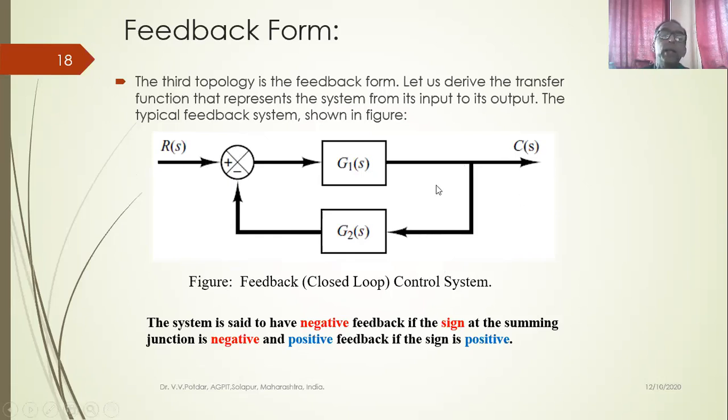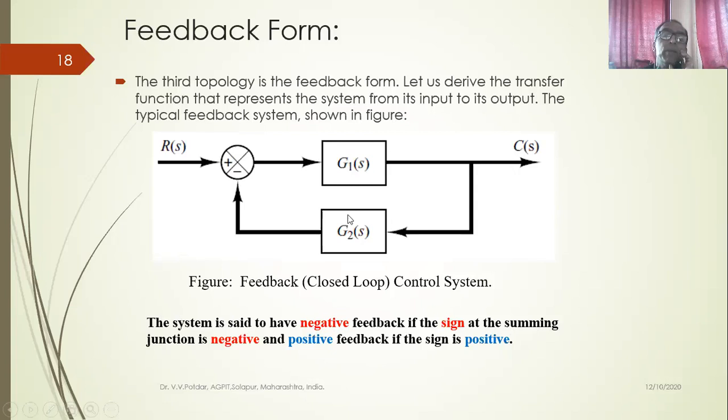Isn't it? This is a block diagram representation of a closed loop control system. The third topology, we have seen series, we have seen parallel, the third topology is the feedback form. Let us derive the transfer function that represents the system from its input to its output. The system is said to have negative feedback if the sign in the summing junction is negative.